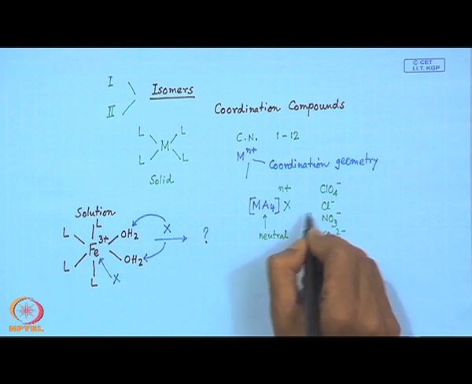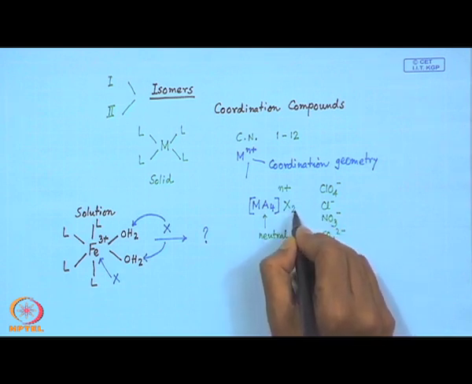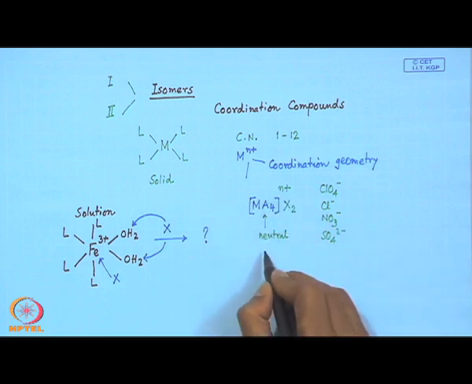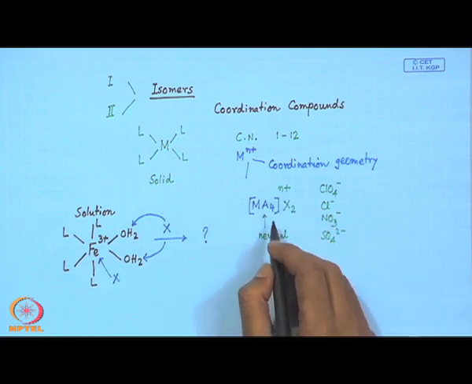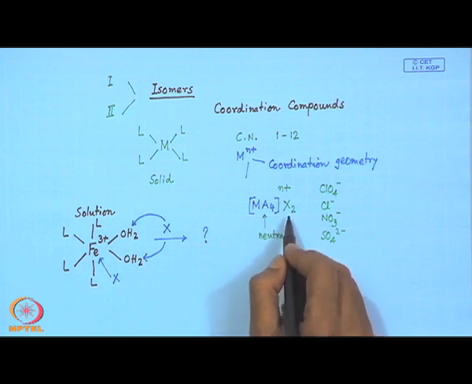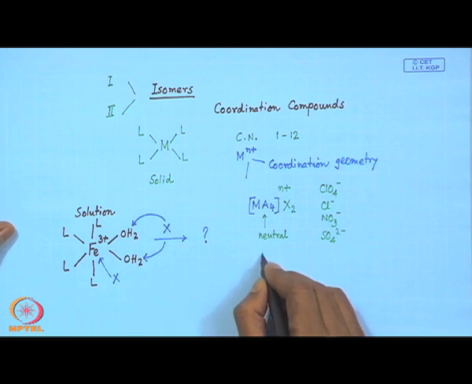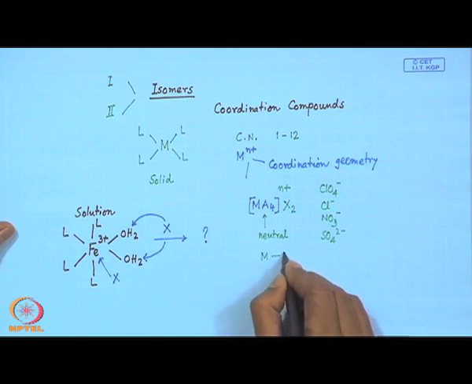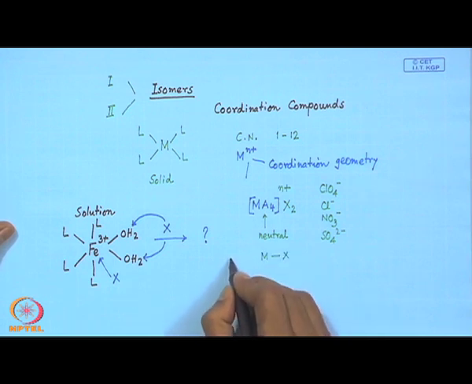So, if X is chloride or nitrate, that means mononegative, or perchlorate, then it is 2 if n is equal to 2. That means, when they are present, X is always outside the coordination sphere and we do not have any corresponding M-X bond.